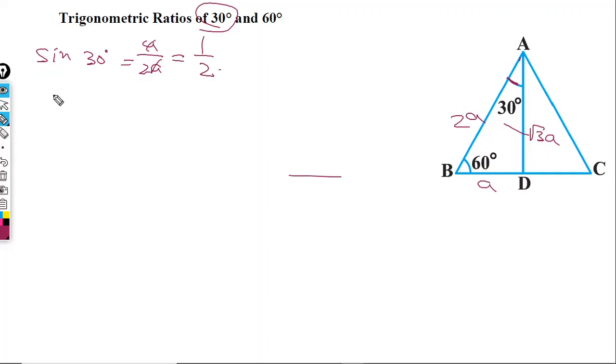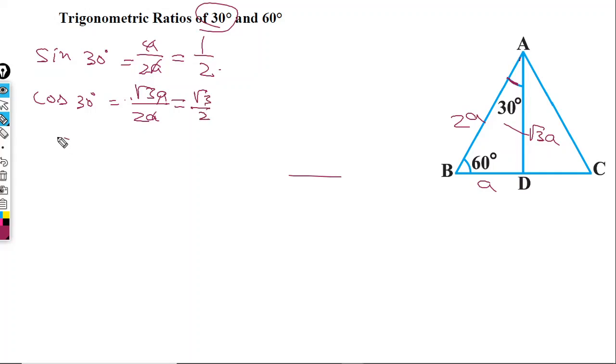Now again we'll move to cos 30. Cos 30 degree will be adjacent side divided by hypotenuse, root 3A divided by 2A, which will be equal to, A will be cancelled, root 3 by 2.